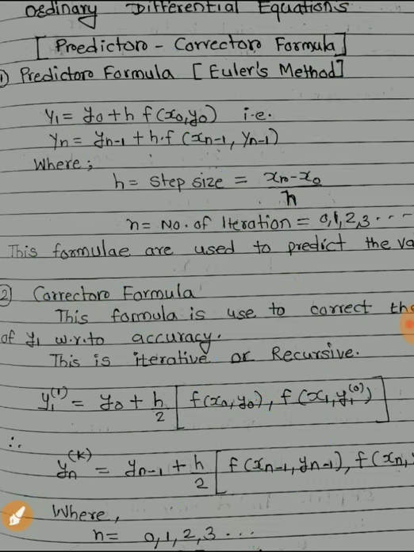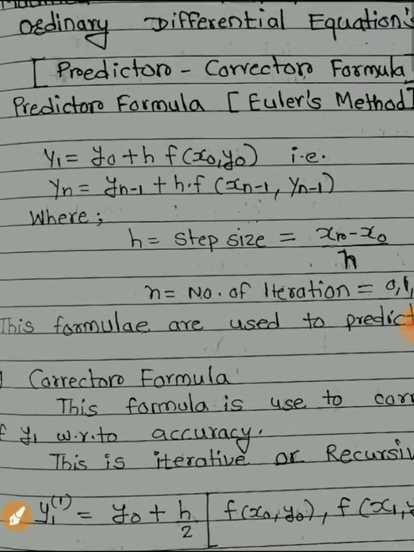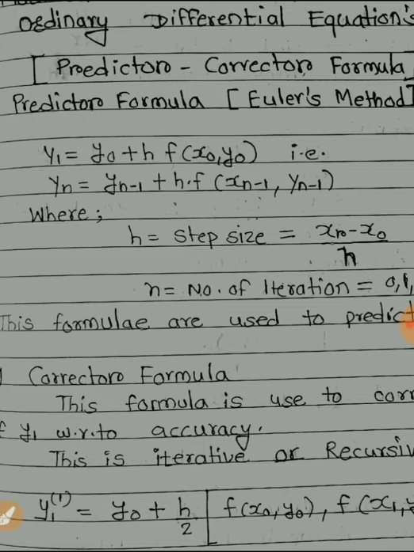So if you look at the generalized formula for this predictor formula for Euler's method, it is yn is equal to yn minus 1 plus h into f of xn minus 1, yn minus 1.